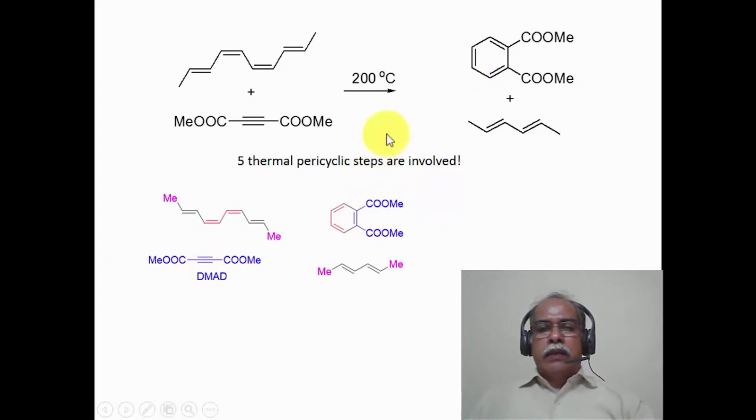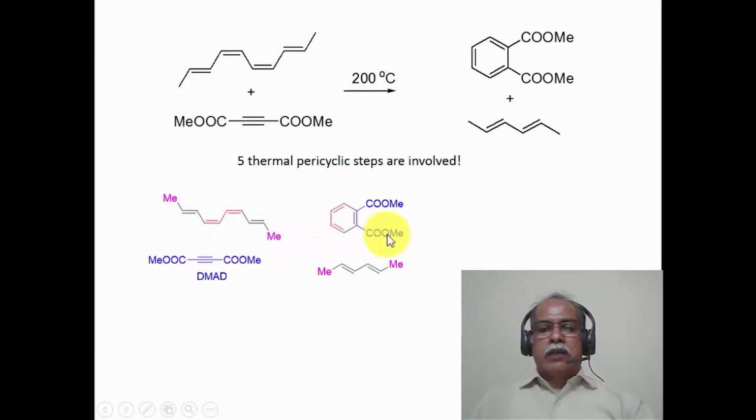Now the red portion, which is the diene portion in this molecule, essentially should come from the diene of this particular molecule. So the red portion here should correspond to the red portion here, and this black portion, which is the diene portion, essentially should come from this olefin and this olefin. Somehow the connectivity should be made here between them. Finally, the two methyl groups should essentially come from the two methyl groups which are in the starting material.